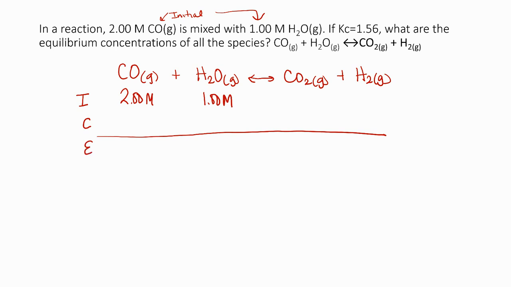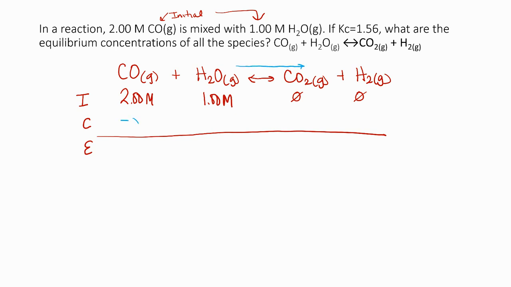Set our change. Initially we don't have any of the products. And then we want to think, once again, it's going to shift to the right because I don't have any products. It can only go that direction right now. So for sure, we're going to shift to the right.